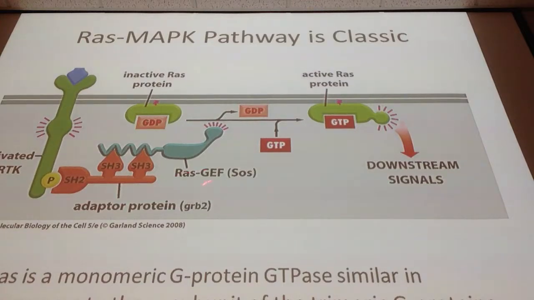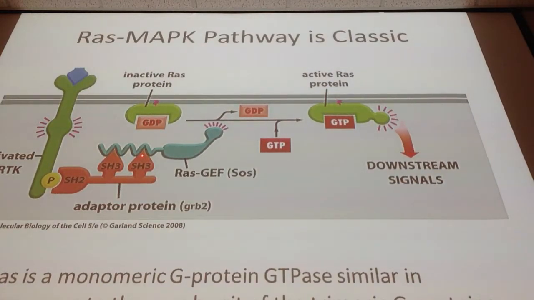So therefore, RAS-GEF has to be pulled up. It cannot be pulled up until it binds to the phosphorylated RTK. Well, a phosphorylated RTK does not have a binding site for RAS-GEF. So then RAS-GEF needs a middleman, an adaptor protein, right?